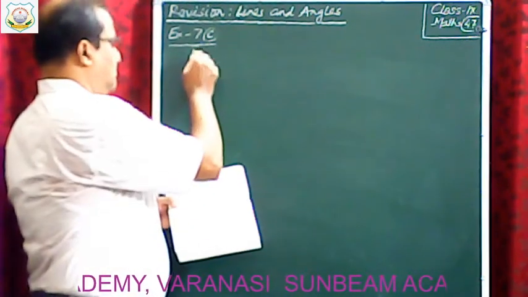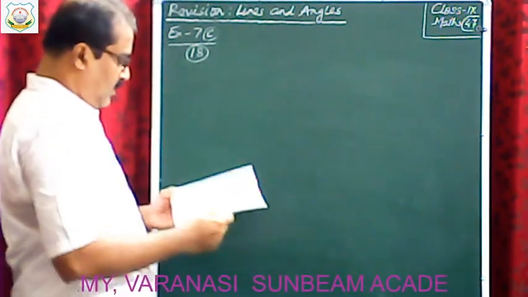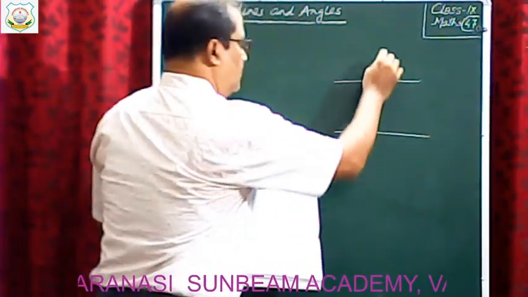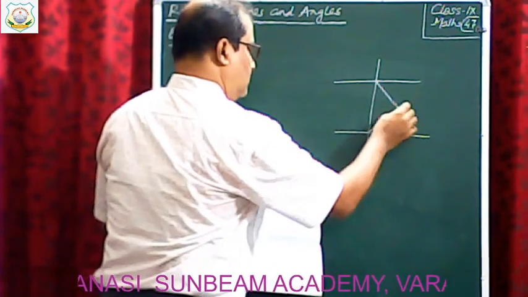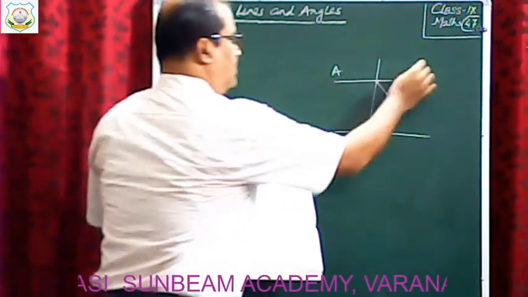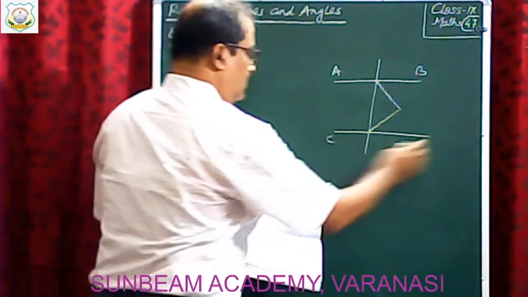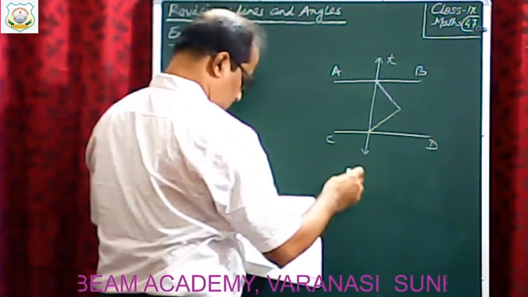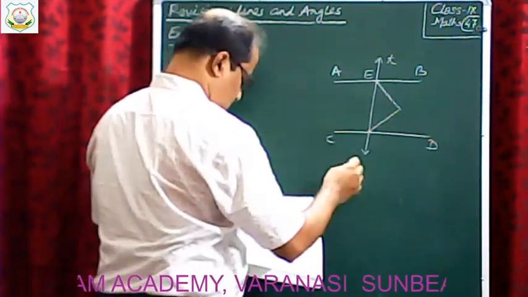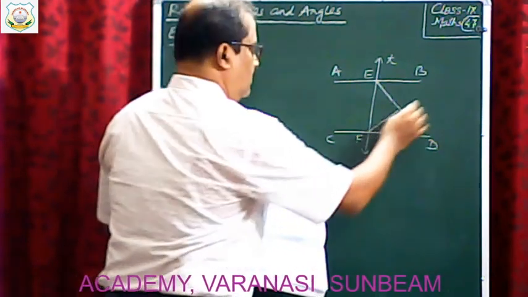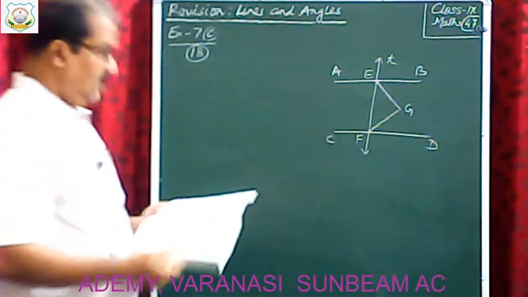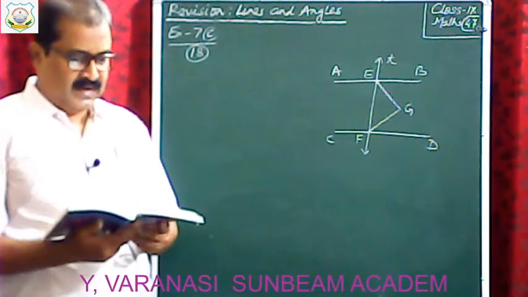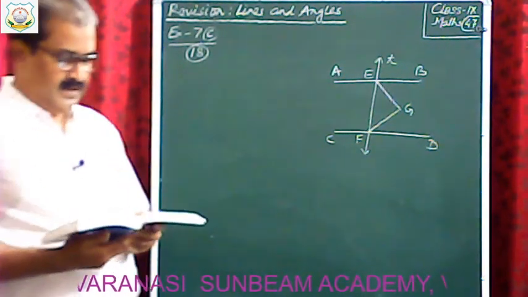Question number 18. Figure is given. In the given figure, AB parallel to CD and transversal T cuts them at E and F respectively.